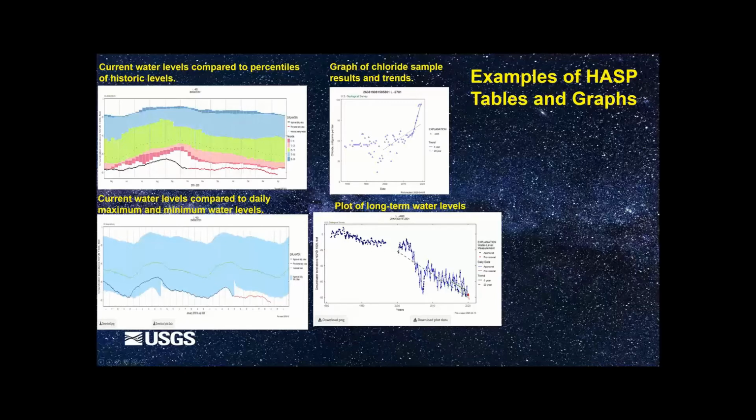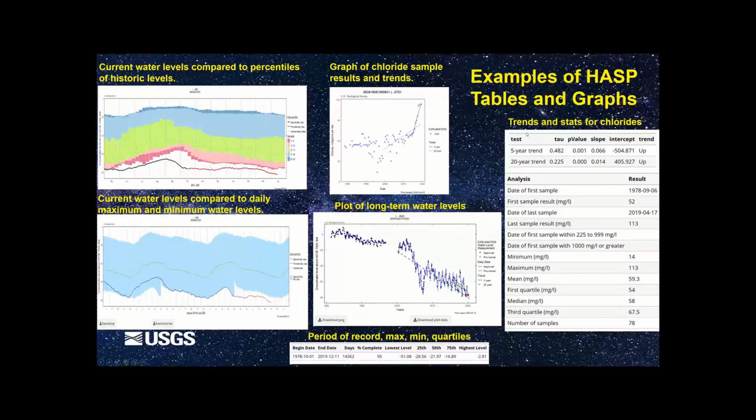There's just a very sharp downward trend through time in this well. You also have tables of period of record, min, max, and quartiles, and tables with the trends and stats for the chlorides, and many other tables and charts. So I won't go into all of them.